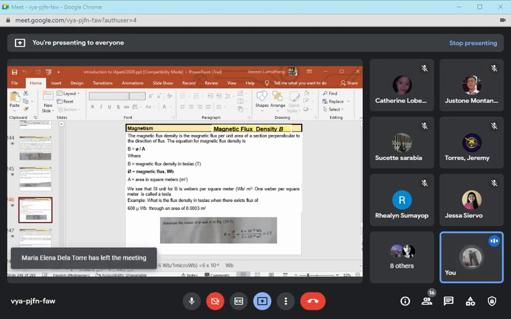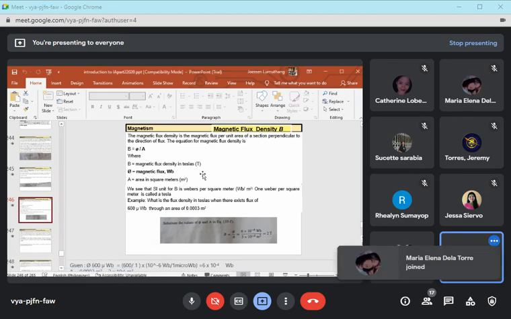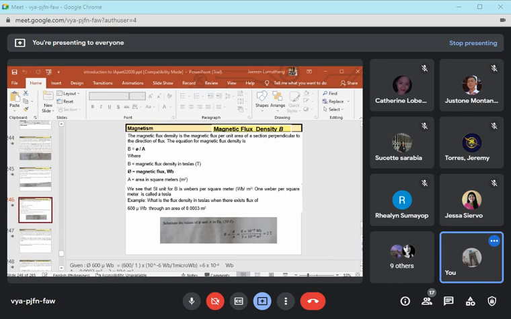Next is magnetic flux density. The symbol is B. Magnetic flux density considers a unit area of the surface through which the amount of flux passes. These fluxes are the magnetic lines that pass through.